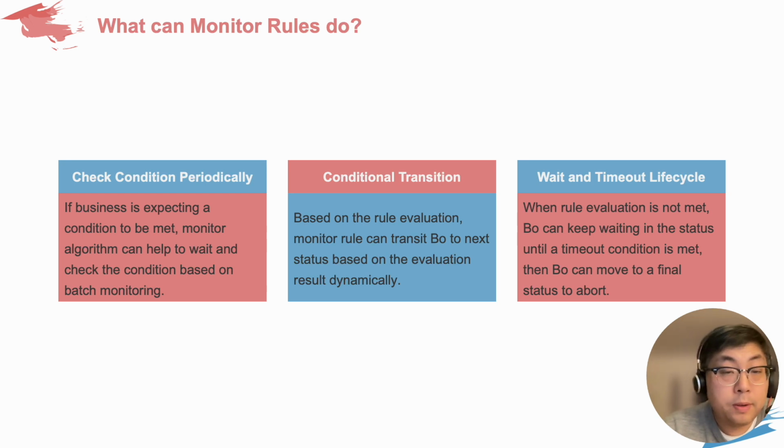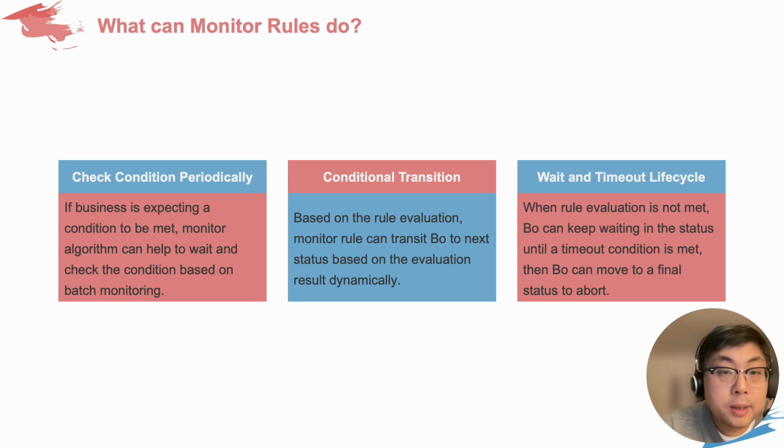If it's false, you might just keep waiting. Or you can say if it's false, you go to a different state, and if you don't know what state the other process is, you just keep waiting. So you can add multiple condition rules, and within the algorithm, you can decide which action or what next status this particular build needs to do.